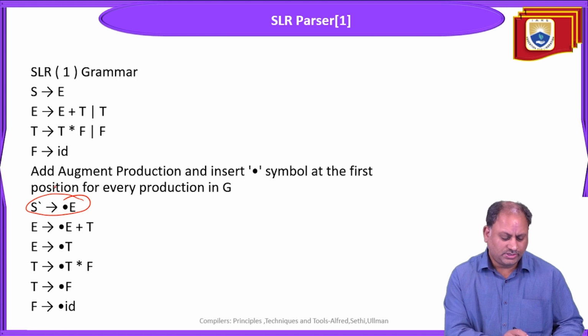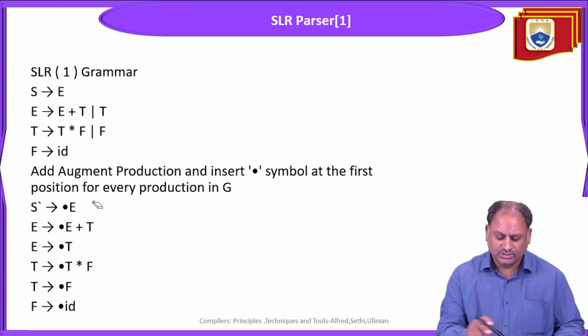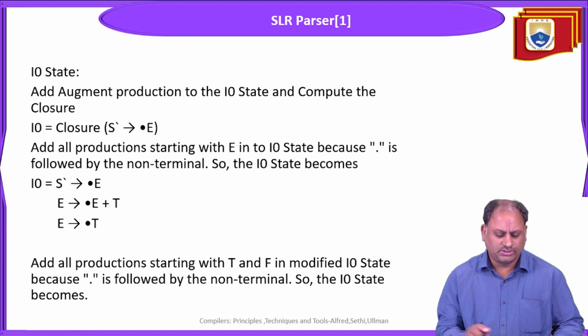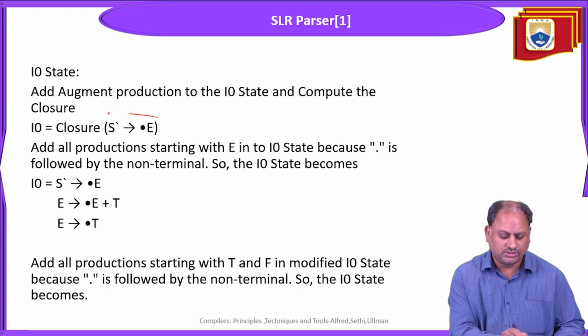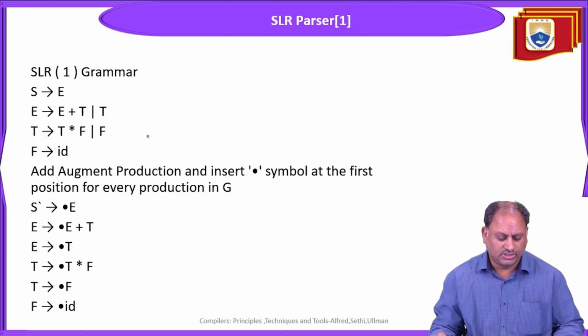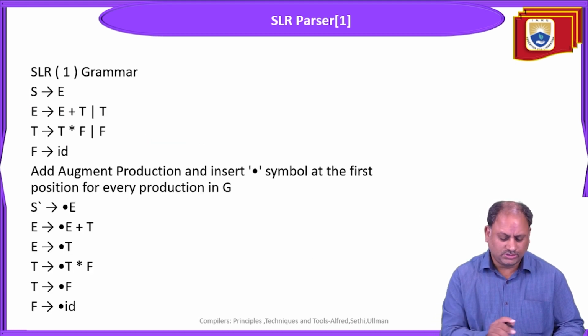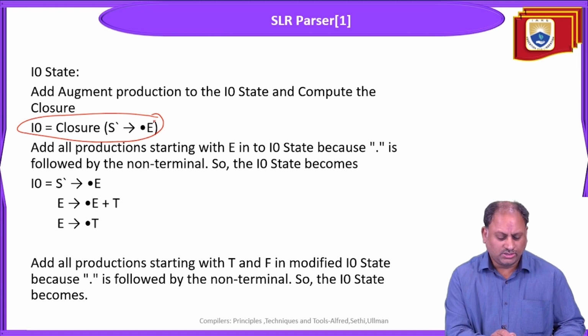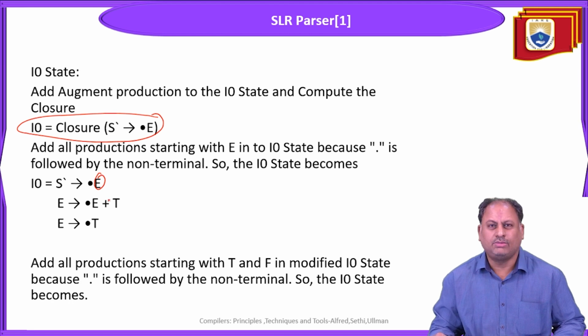Now for this rule, we are going to apply a closure operation. That closure is determined as I0 equal to closure of the first augmented production in the given grammar. And for this, what are the productions which start with E? Why?